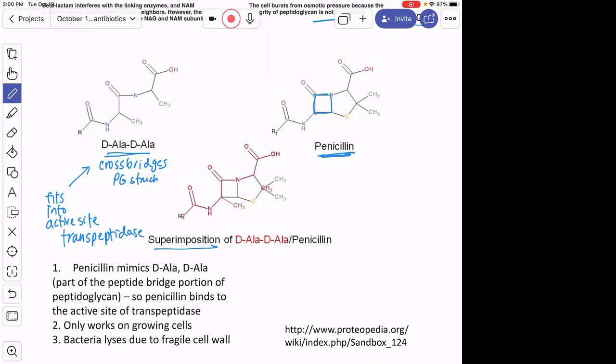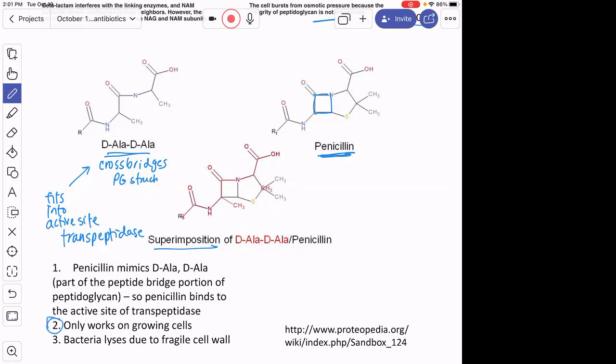The thing is, though, we don't call it competitive inhibition because it's permanent. It's like competitive inhibition because the penicillin fits into the active site of the transpeptidase and blocks the substrate, D-ala, from coming in there. So it's competitively inhibiting it, but again, because it's permanent, we don't really call it that. All right, so that's keeping the transpeptidase from doing its job, from reforming those amino acid cross bridges.